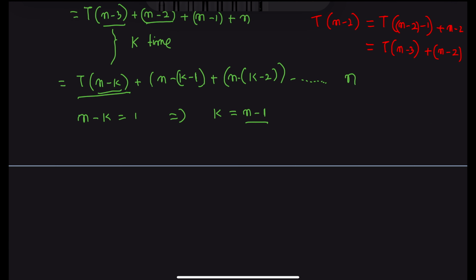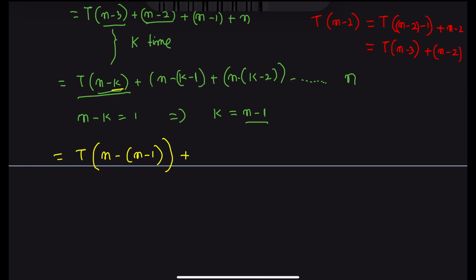So let's substitute the value of k as n-1 and solve the recurrence relation further. Here we will have T, and instead of k, I will write n-1. In the further equation, I will also substitute k as n-1.